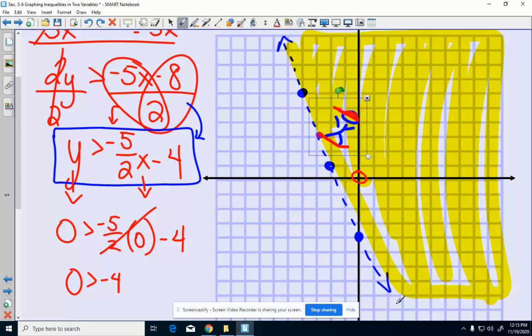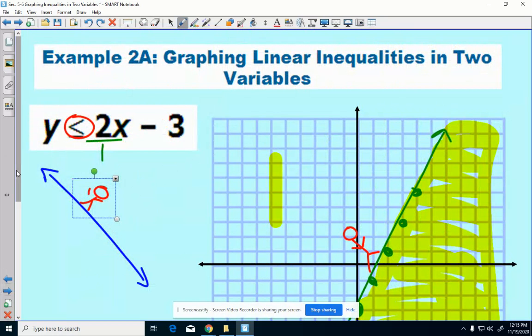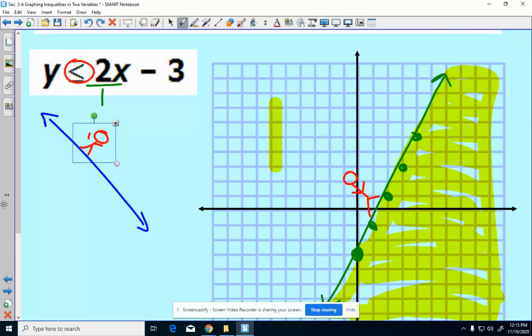That doesn't mean that's the side I shade. In this problem, there he is on the greater than side. But look at the symbol. What's this symbol? So here, if he's on that side, this is the greater than side, and that's the less than side.